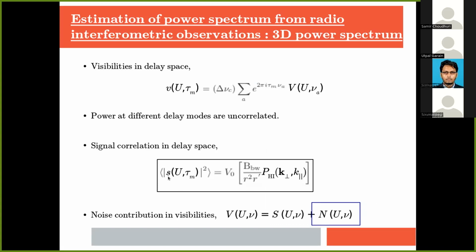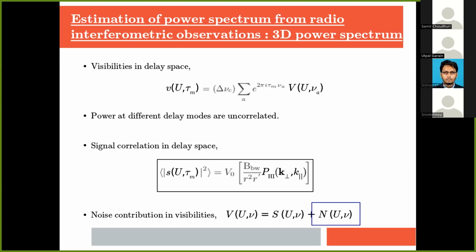However, the signal part is not the only contribution to the visibility that we have. Along with the signal, we will also have a system noise, which will be there as an additive term in each visibility along with the signal. However, we assume that this noise at different baselines, at different frequencies and at different times of observation are uncorrelated.